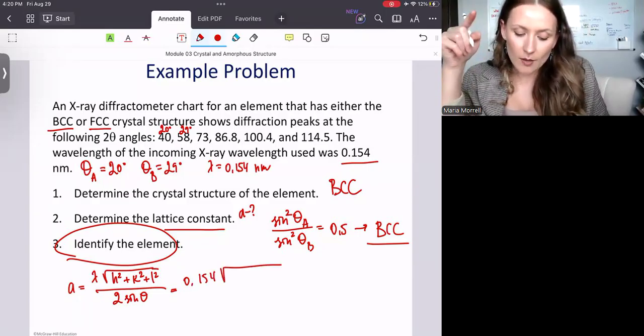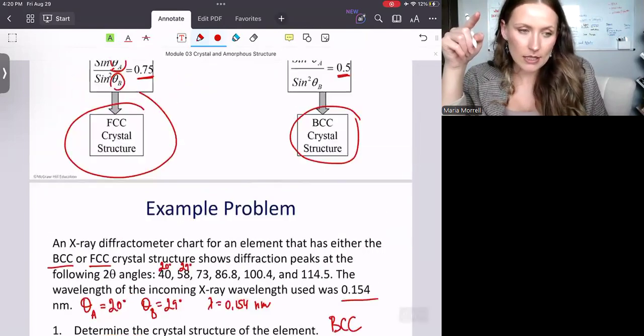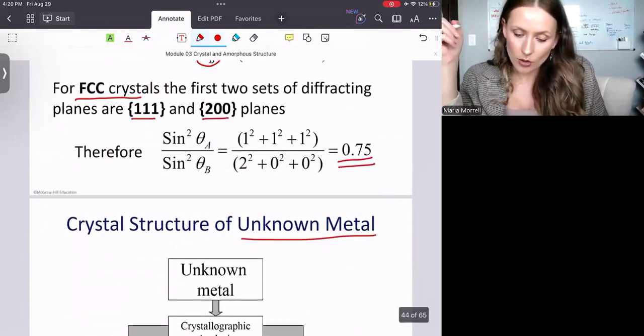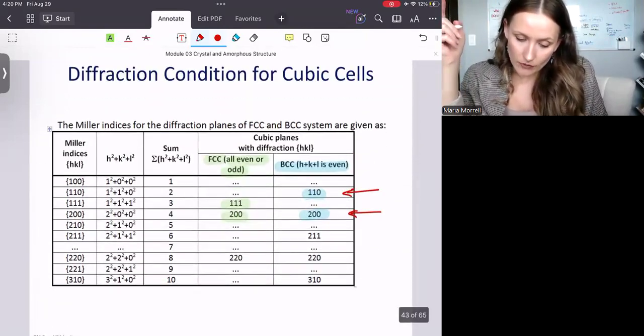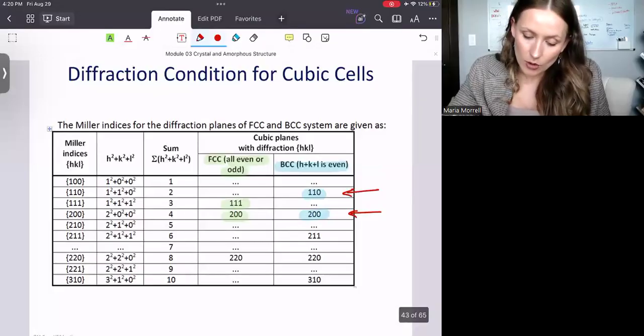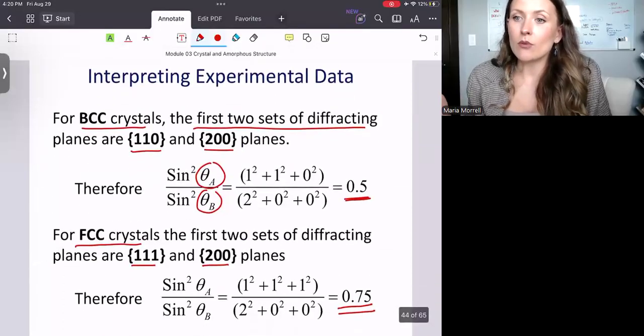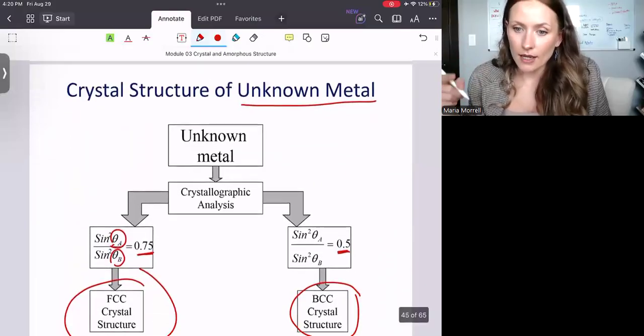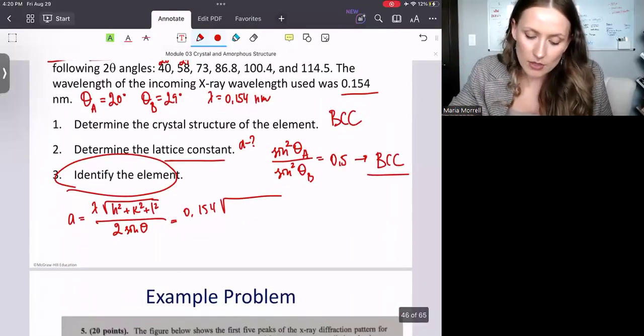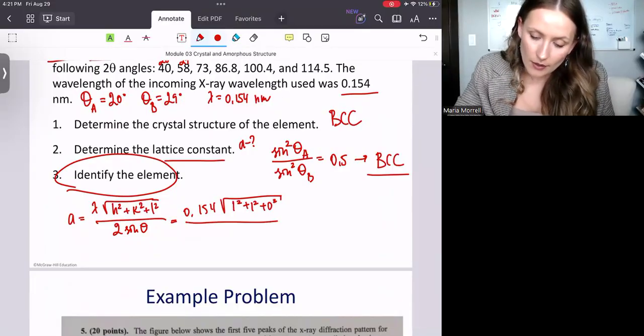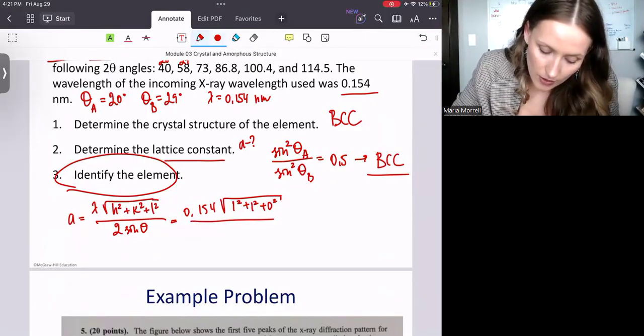If I go with BCC, and for simplicity, I'm going to go with the first diffracting plane, for the BCC, I'm going to go with 110. That means I will also be using the first diffracting angle. So here I'm going to have 1 squared plus 1 squared plus 0 squared, divided by 2.